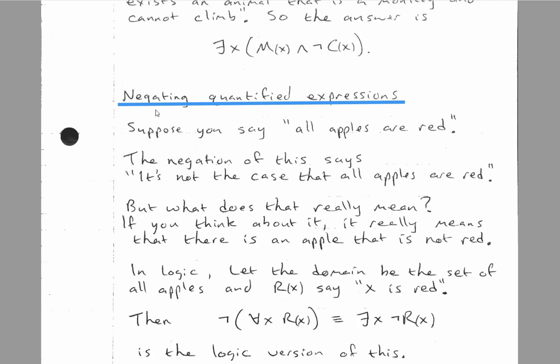Okay, next, how about negating quantified expressions? So suppose you say all apples are red. So what's the negation of that? Again, negation means, we have this symbol and it means it's not the case that all apples are red.